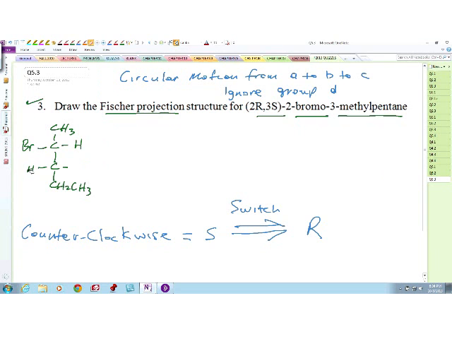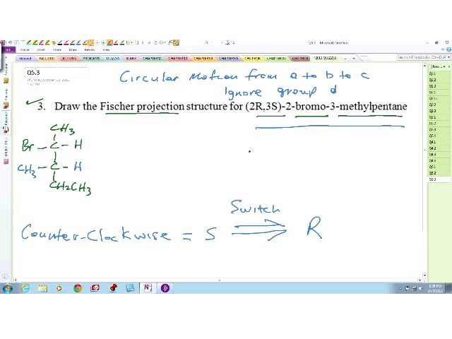Exactly. So the first thing you do, just as we've done here, is write a structure and assign absolute configuration to the appropriate carbons. If it is wrong, then just switch it. And this will be the Fischer projection for this molecule.